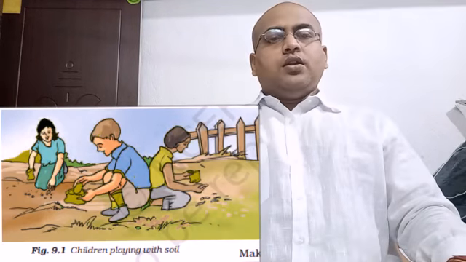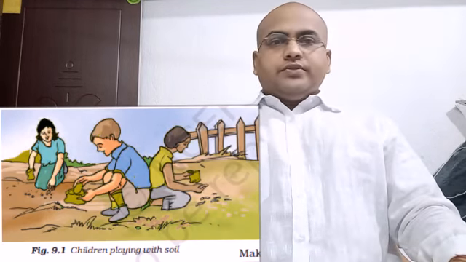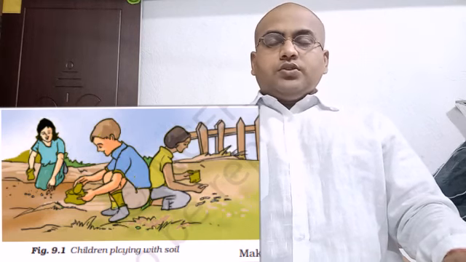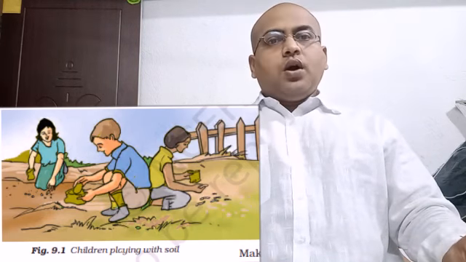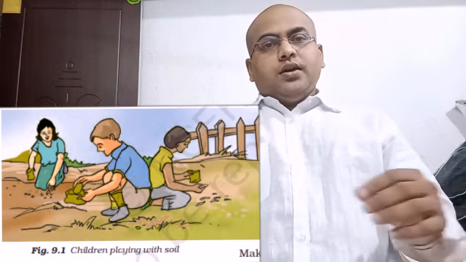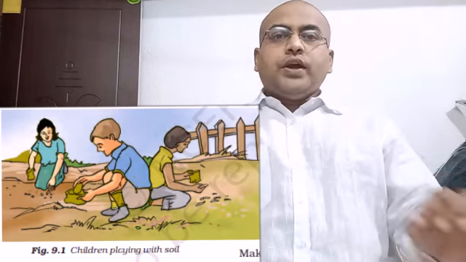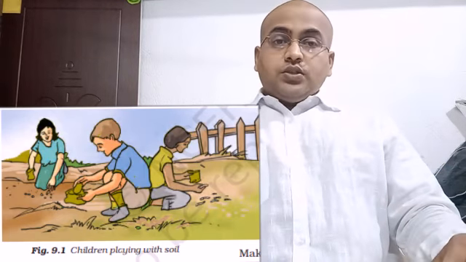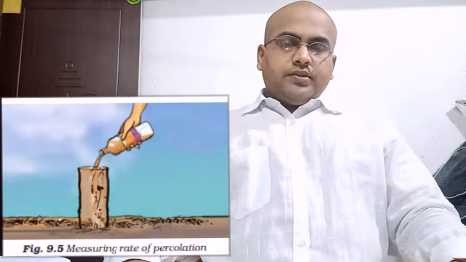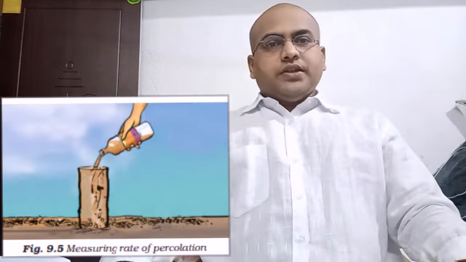First of all, we know there are different types of soil. Here is a very small activity Bujo and Paheli are doing. They take the same amount of water and choose two different places.